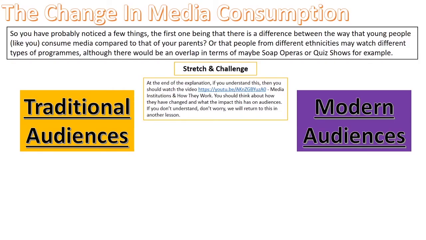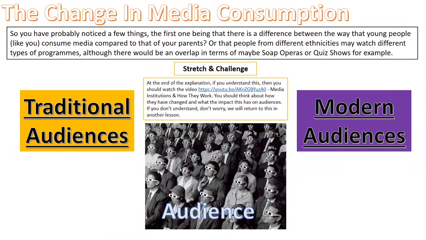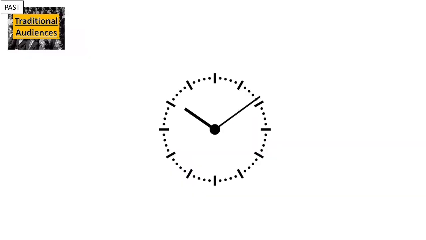The change. All right, now I spoke in the previous lesson about traditional and modern campaigns. Now, traditional audiences in the past would consume on a daily basis in a very rigid, very stereotypical way.